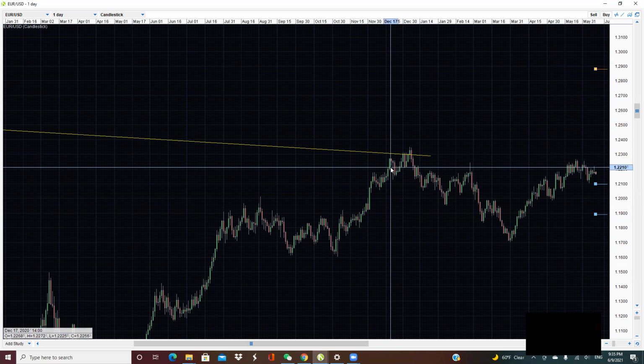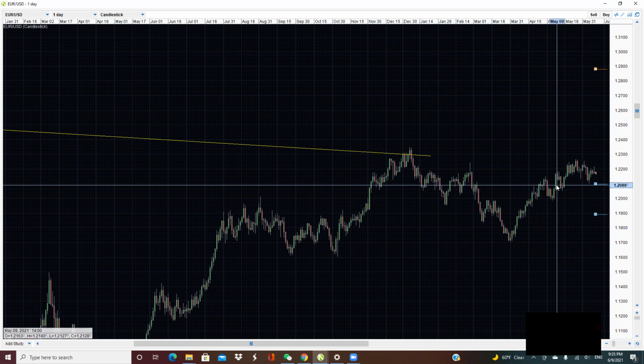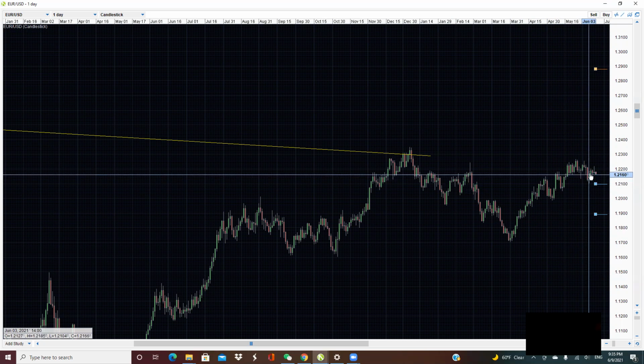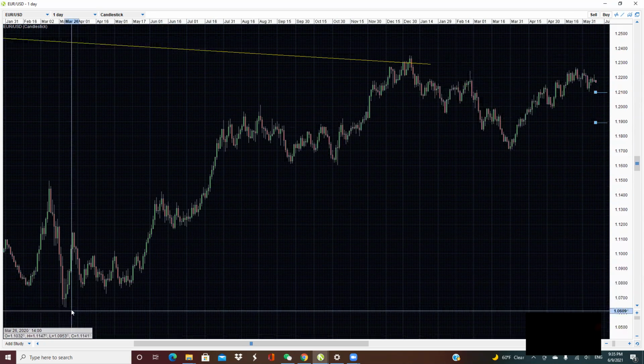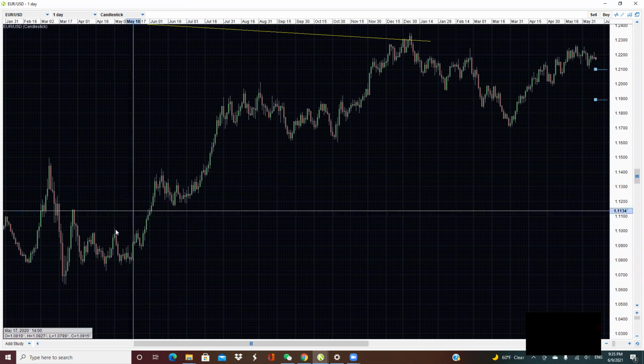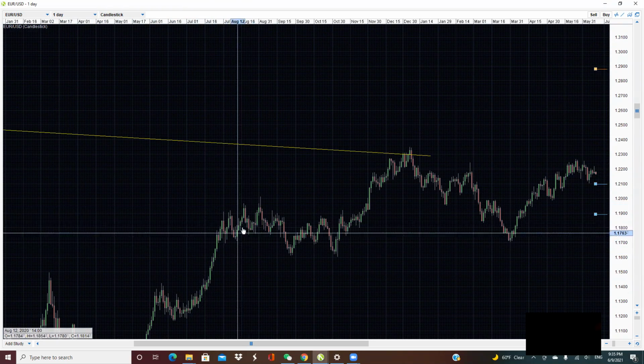This is on a daily chart. So the trading opportunity takes a long time because each of those candlesticks represents a day. So in order for this to jump over here, it takes days, like weeks, even months to get to that position.